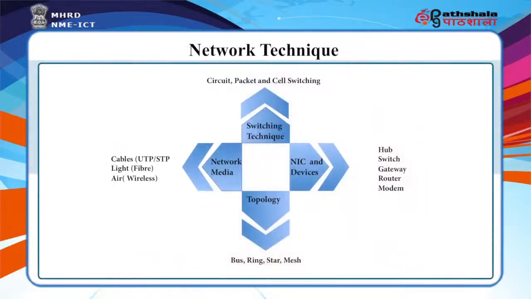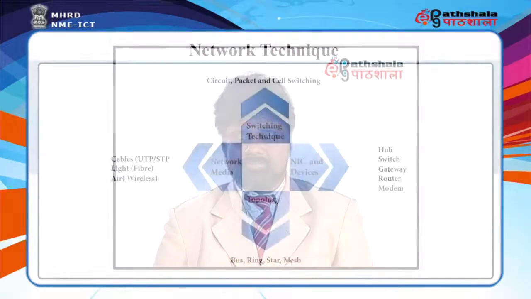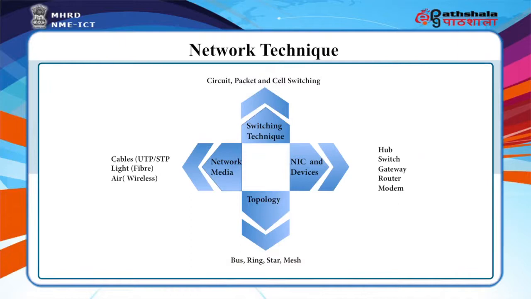and the other devices, media, and cables used in a network will be discussed today in this module. We will start with the theoretical part of data transmission, that is the switching technique, which involves circuit-based, packet-based and cell-based switching. Then we will discuss network media, the media for communicating the data from one point to another.